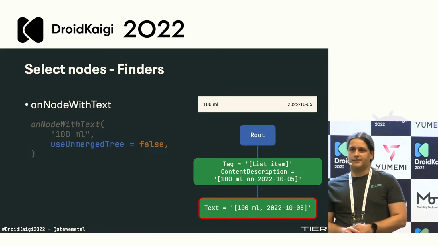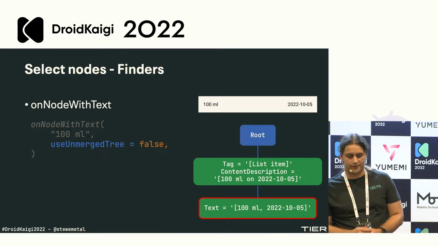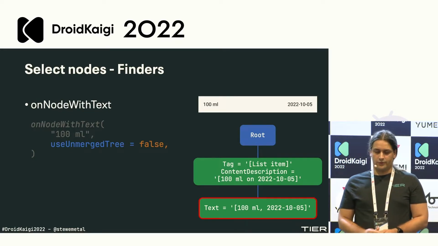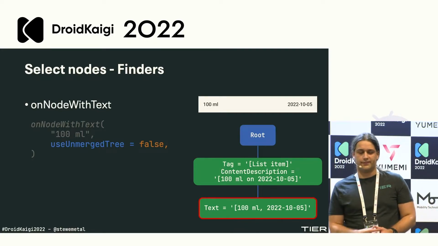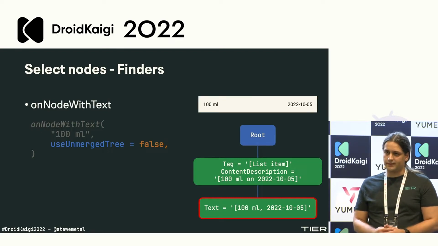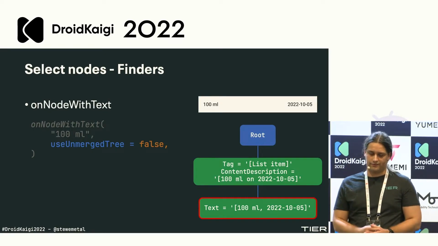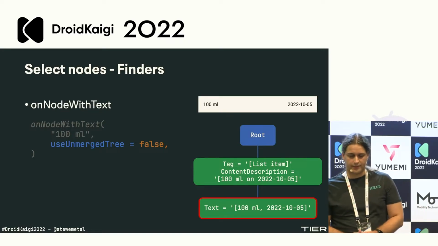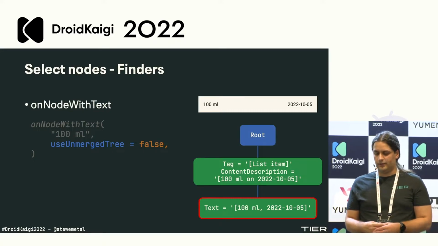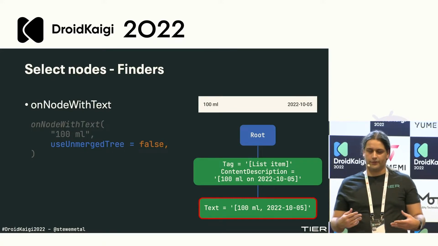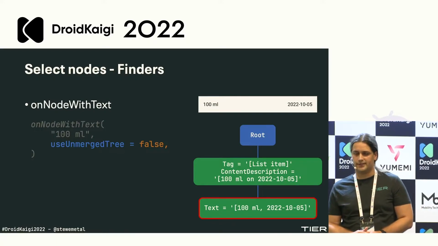Okay. Also, there is a trick related to the merged and unmerged semantics tree we already touched. By default, all of the onNodeWith functions, and for that matter the onAllNodesWith functions, have an extra parameter that we can add, which is useUnmergedTree, and that's false by default. If useUnmergedTree is false, then the lookup will happen on the tree that's actually available, the one that the composables emitted into the semantics tree.